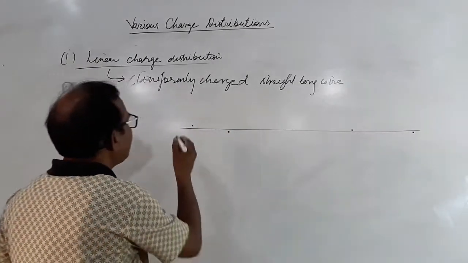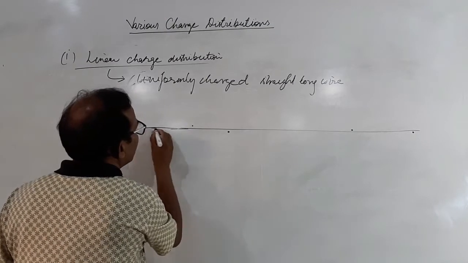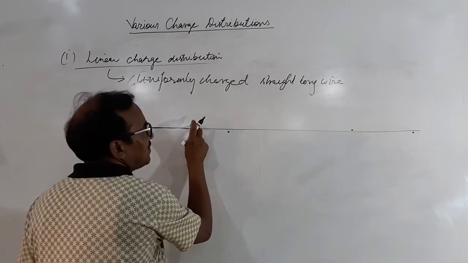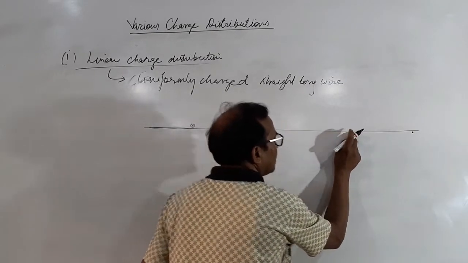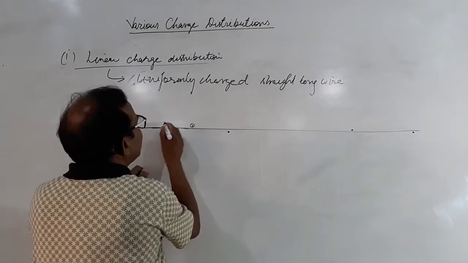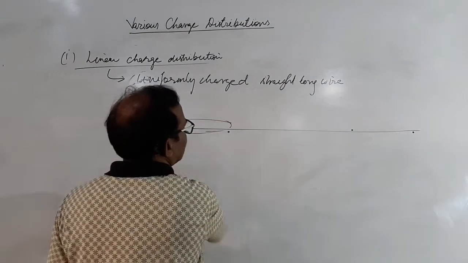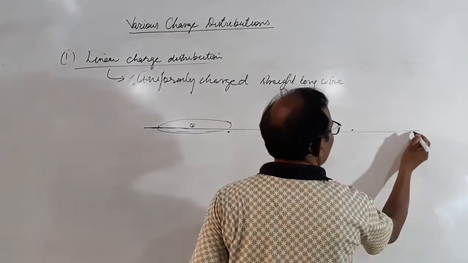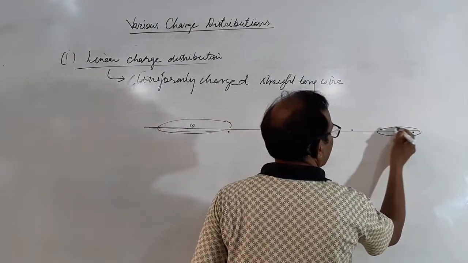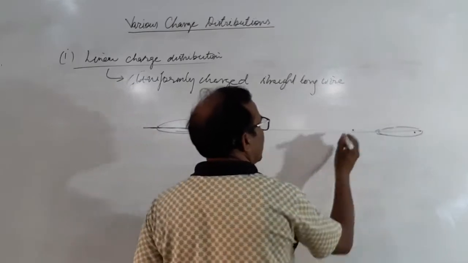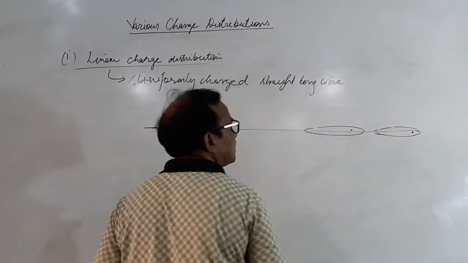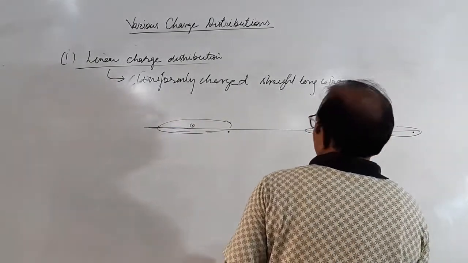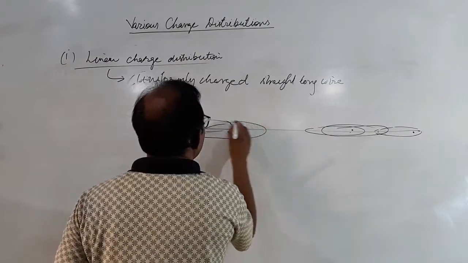It means, if the wire is very long, this point or this point has an electric effect from the charges in the nearby region. A point is affected only by charges in its own region, and this point is affected only by charges in this region.